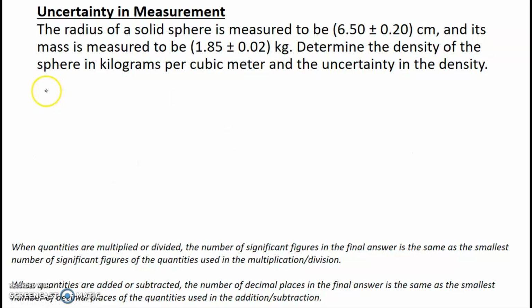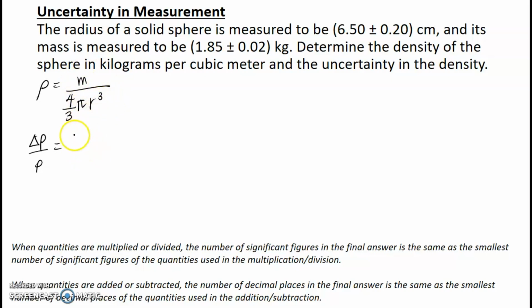Now we will calculate the uncertainty in the density. So firstly, I'm going to write down the equation that we use to calculate the density, which is rho is equal to m over 4 over 3 pi r cubed. To calculate uncertainty, we must firstly calculate fractional error. Delta rho over rho is going to be equal to the fractional error due to each of the parameters that we used.